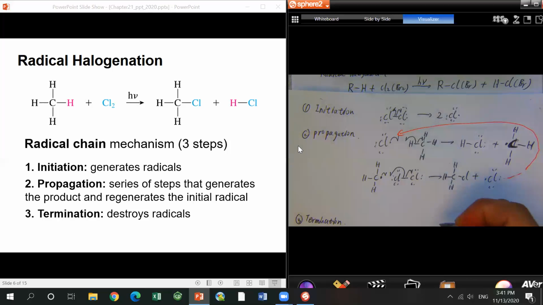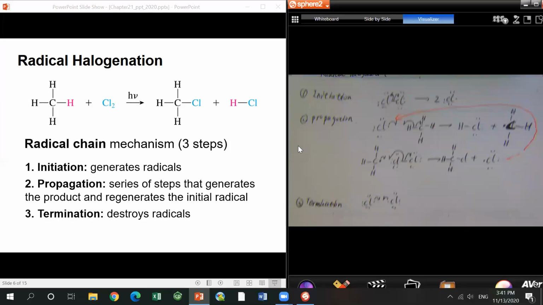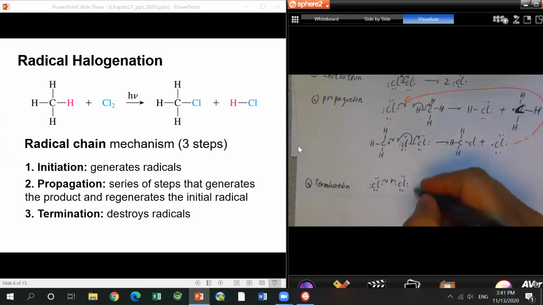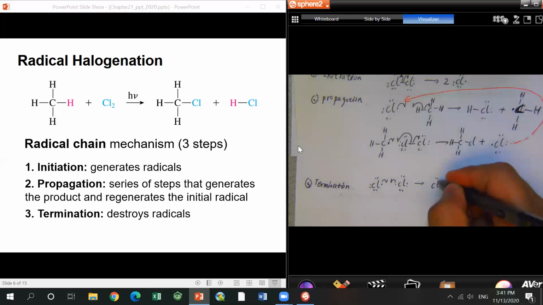There are three possible termination reactions. One is the two chlorine radicals meet each other, and each contributes one electron to build a bond. You generate a chlorine molecule.